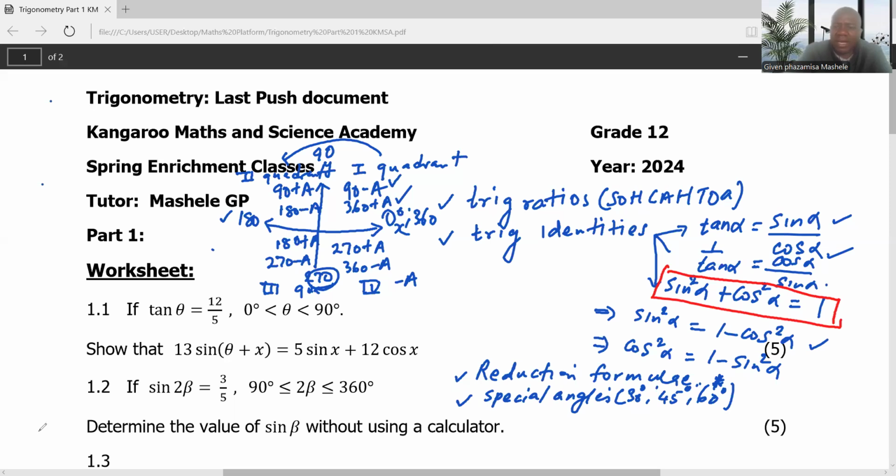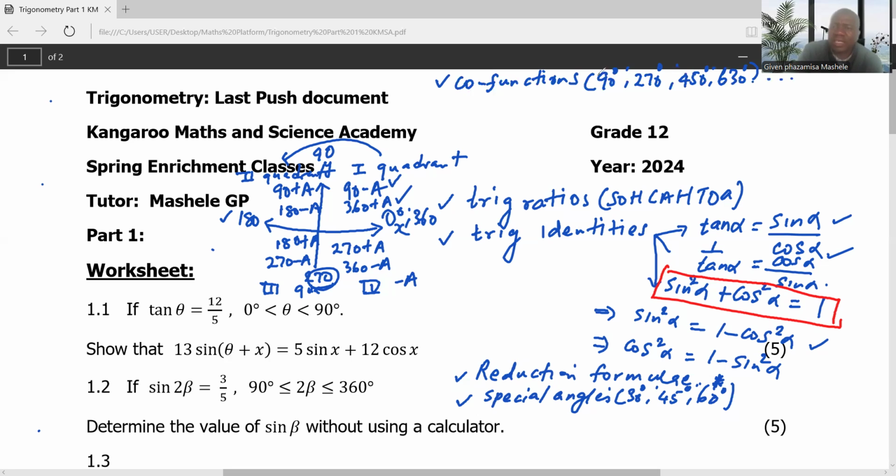Then another important part that you need to know when you are solving trigonometric identities is the issue of using cofunctions. Which are trigonometric functions that are actually changing when we are using a 90 degrees angle, when we are using a 270 degrees angle, and so forth, 450 degrees angle, and 630 degrees angle, and so forth.